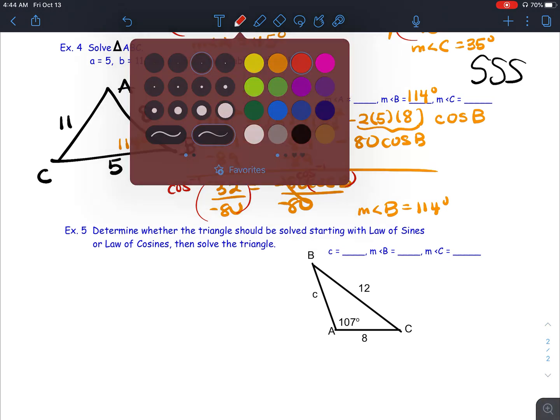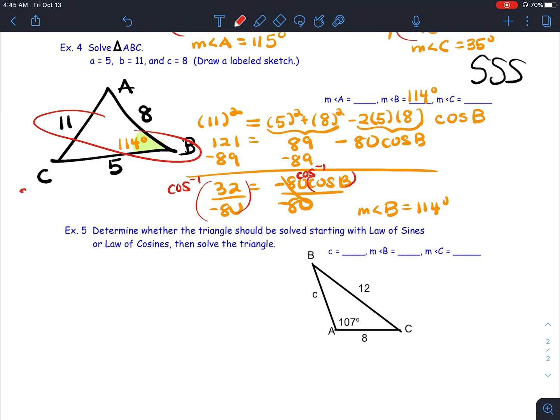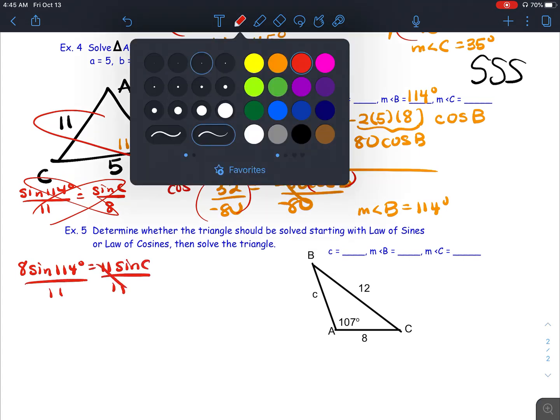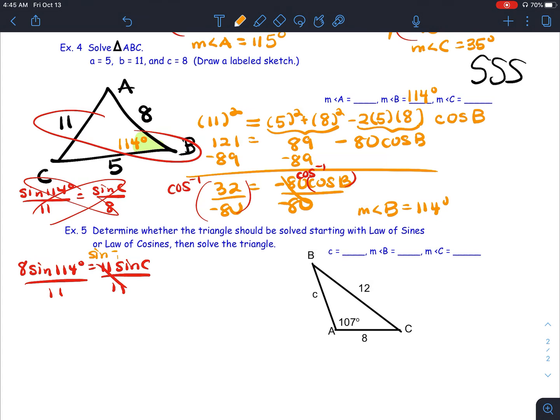Okay, so we've got this pairing. So to finish this problem off, we can finish it with the law of sines. We're just going to cross multiply here. All right, and let's see.